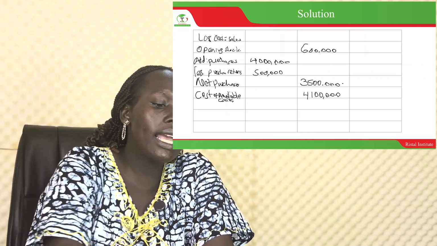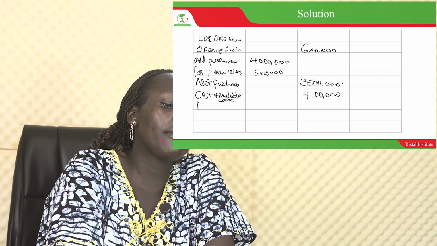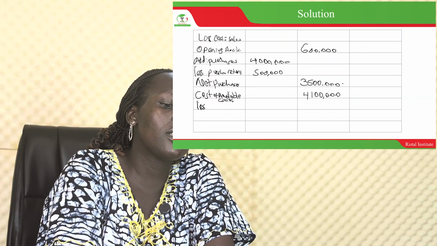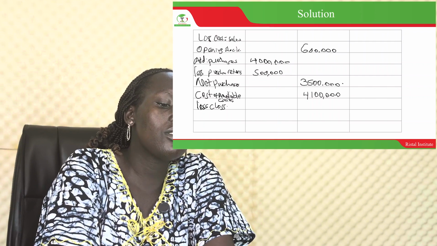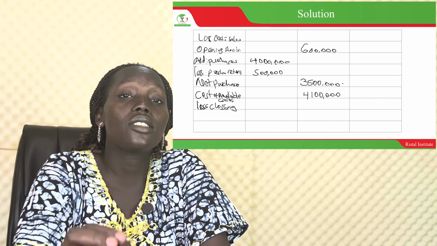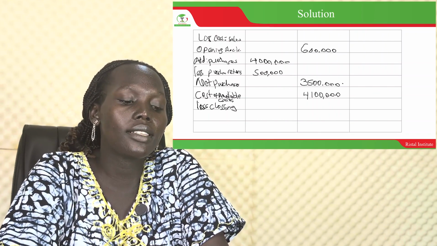So we less our closing stock. Remember, they've given us closing stock. You have to follow the illustration first and understand it.